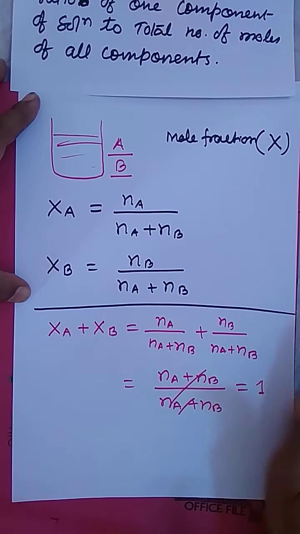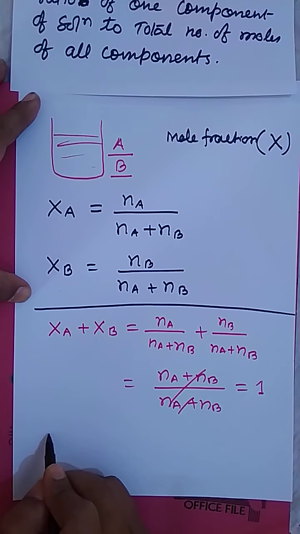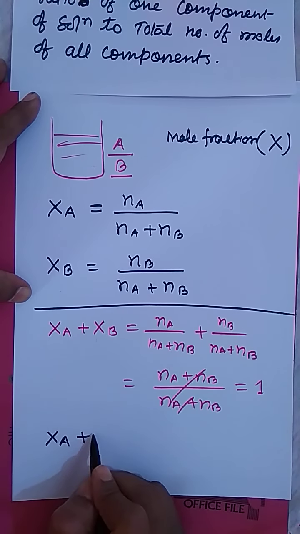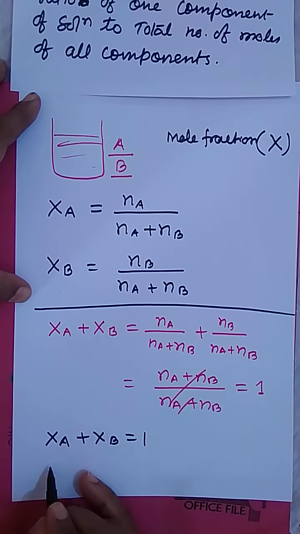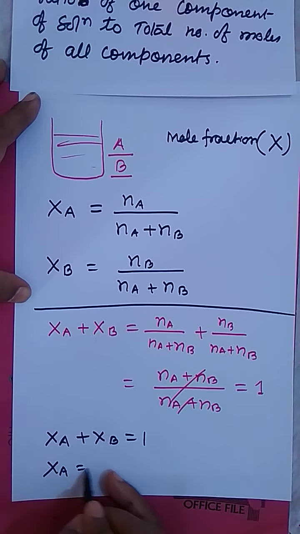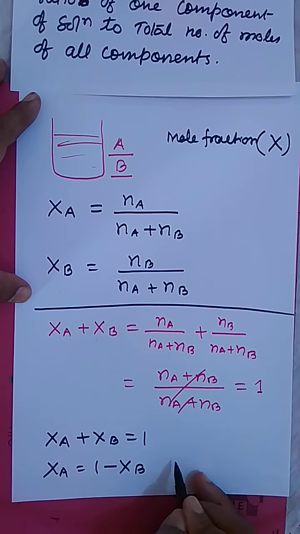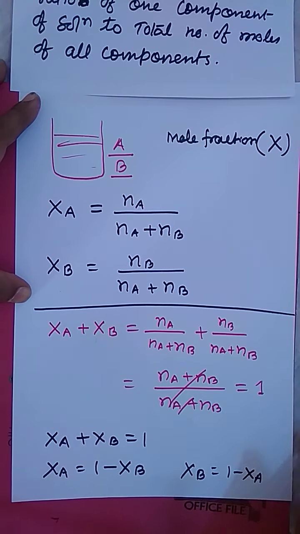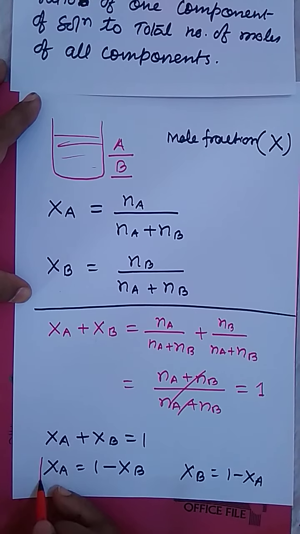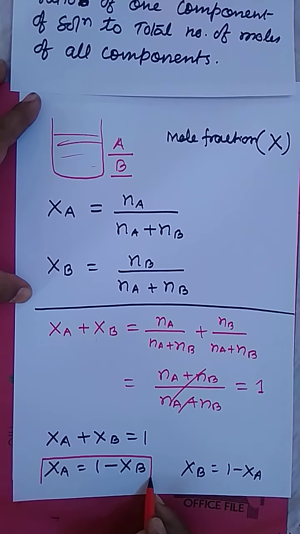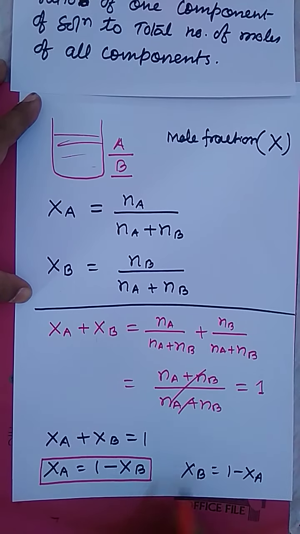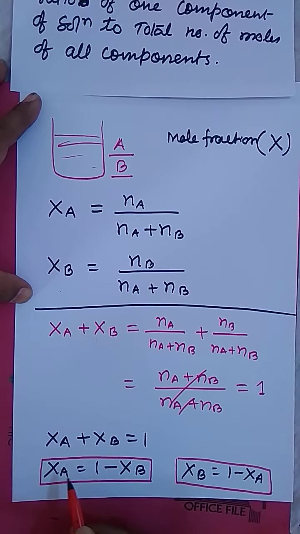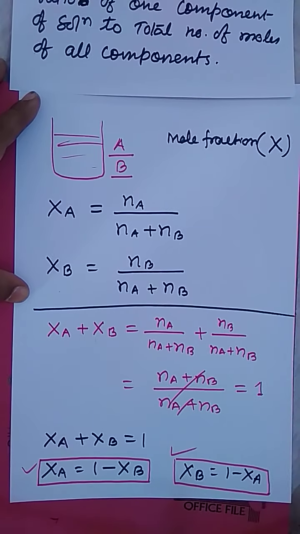This is equal to 1. So one very popular formula is there: Xa plus Xb is equal to 1, and Xa is equal to 1 minus Xb, and similarly Xb equal to 1 minus Xa. So suppose you know the mole fraction of one component, then you can easily find the mole fraction of the other component by using these two formulas.